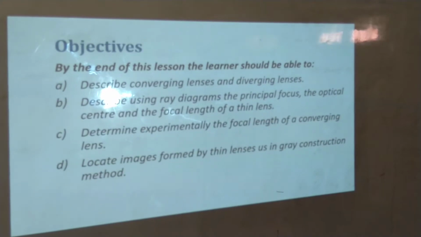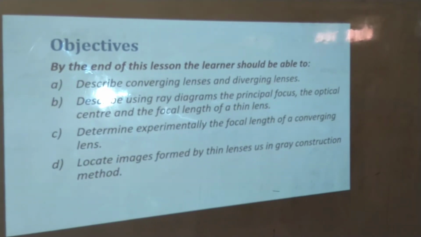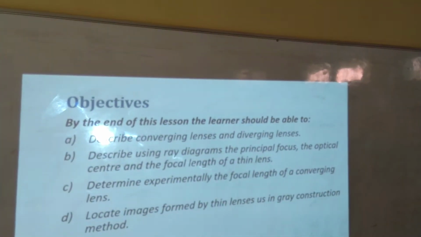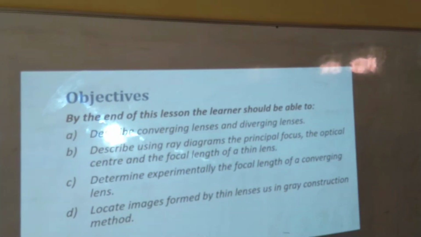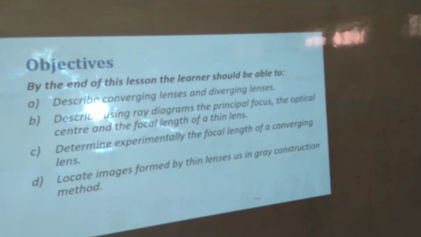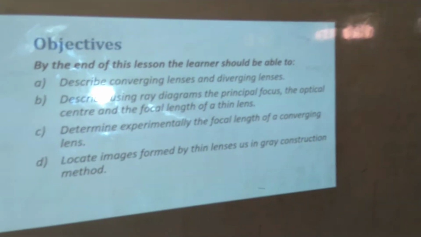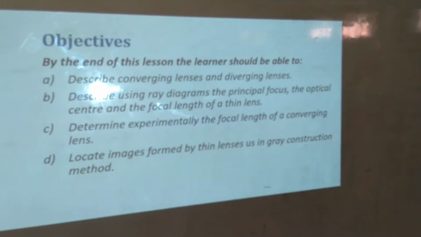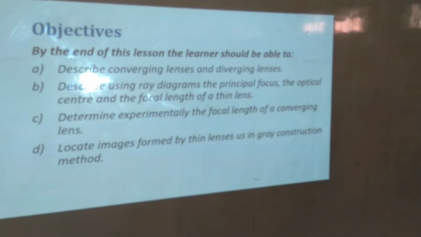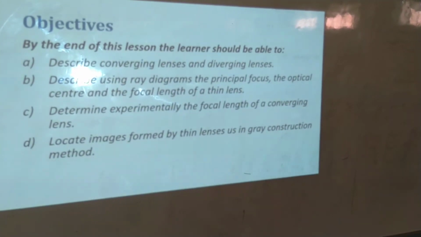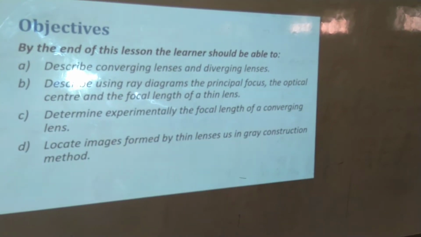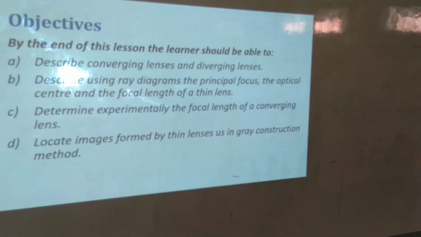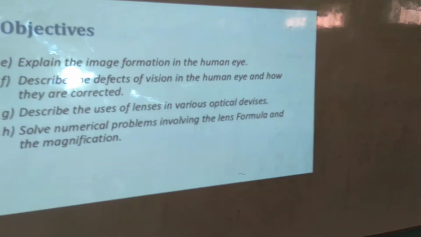One, you are supposed to describe the converging lens as well as the diverging lens. You are supposed to describe, using ray diagrams, the principal focus, the optical center, the focal length, and also the thin lens. You are supposed to determine experimentally the focal length of a converging lens and also locate the images formed by the thin lenses as in the ray diagrams.